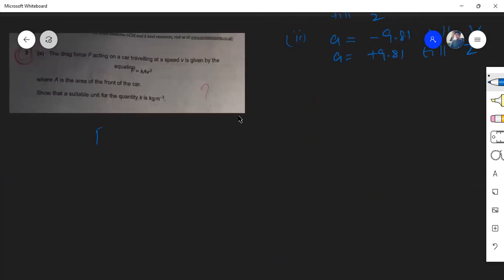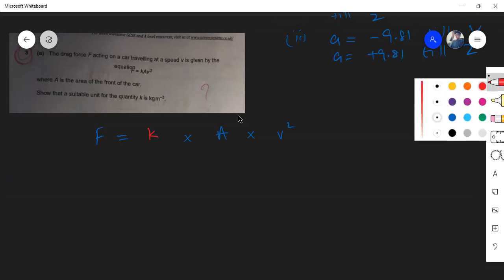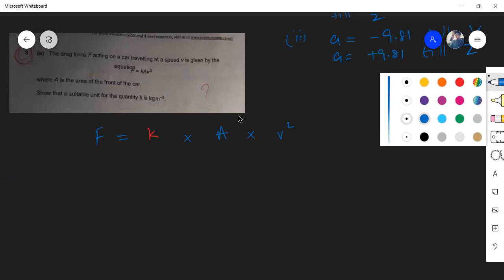Now, we have to find the units of K. I'm going to write this K in a separate color. These are the variables for which we don't know the units. So how can we find this?